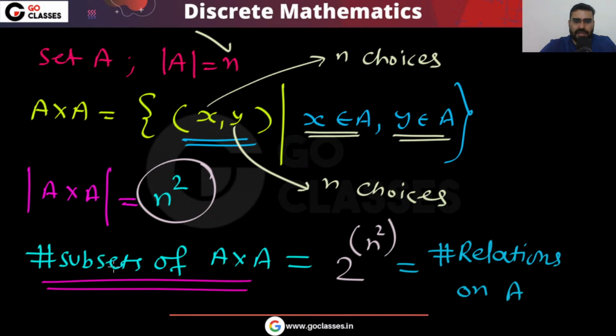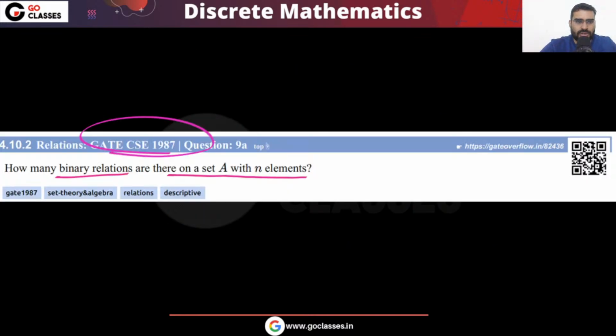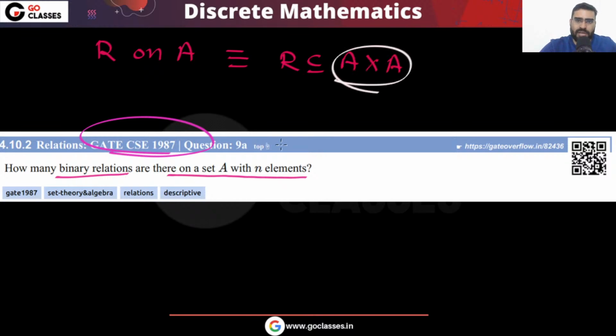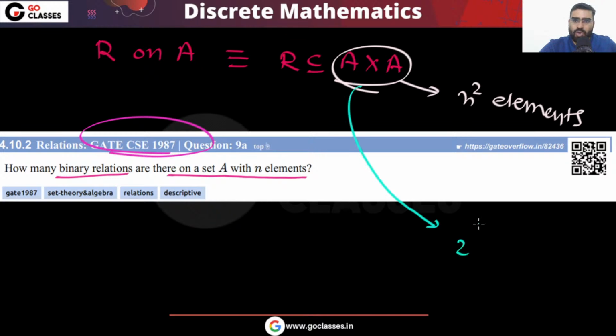Is this clear? This is a very simple question, because the question is asking how many relations are there on set A. If you have a relation on set A, then that relation is a subset of A cross A. So the number of relations will be the number of subsets of A cross A. In this A cross A, you have a total of n square elements, so there will be 2 power n square subsets you can create.